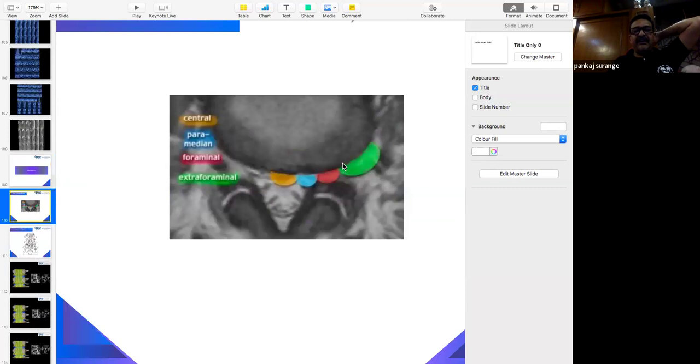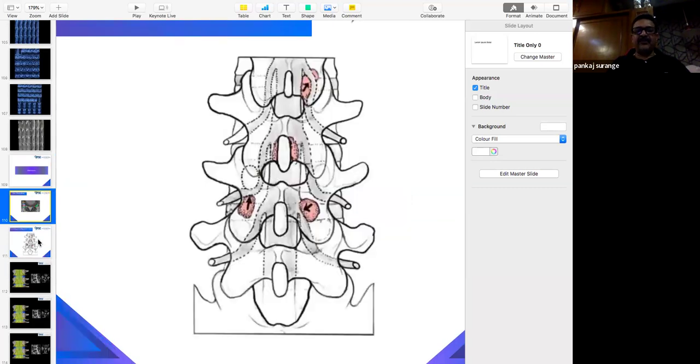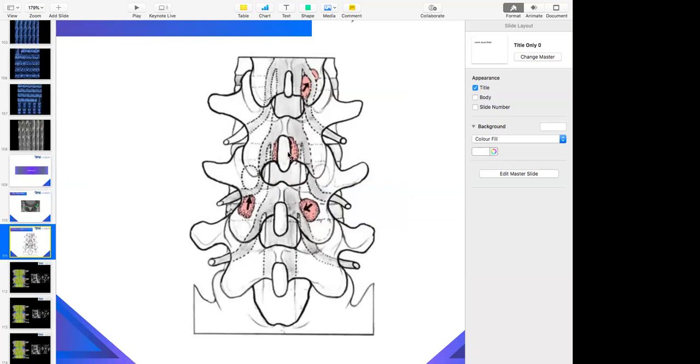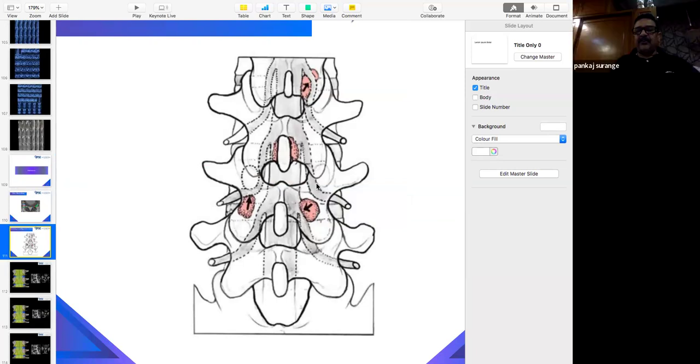On MRI, we can see the type of the herniations, the central, paracentral, foraminal, extraforaminal herniations. Okay? What is the significance of these herniations? We have to see which root is involved, whether it is the exiting root or the traversing root. If it is central herniation, your traversing root is spared, your exiting root is spared.